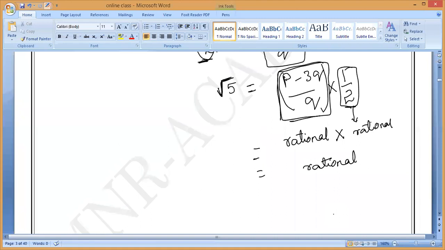So we already solved, root 5 is rational or irrational? Irrational. So here see our LHS, irrational equals rational.